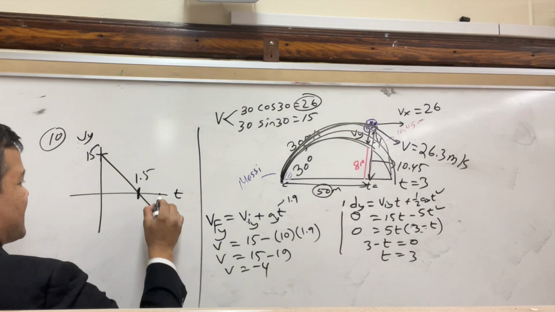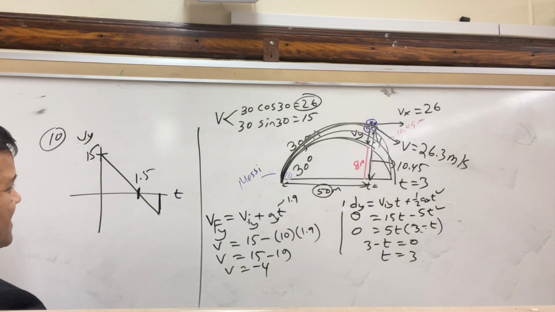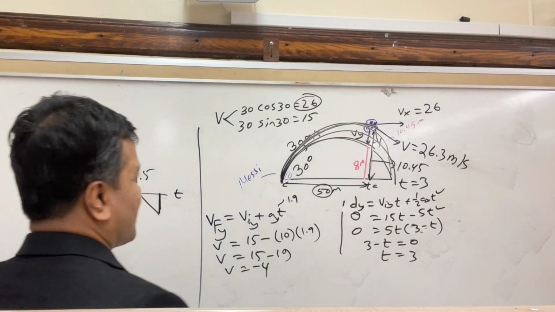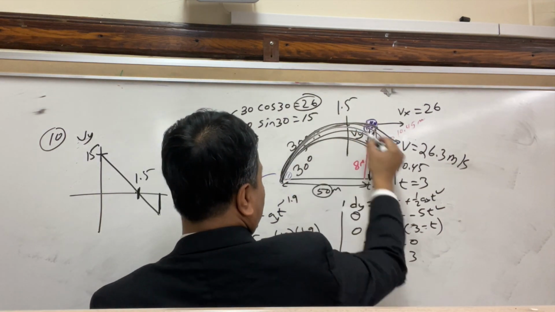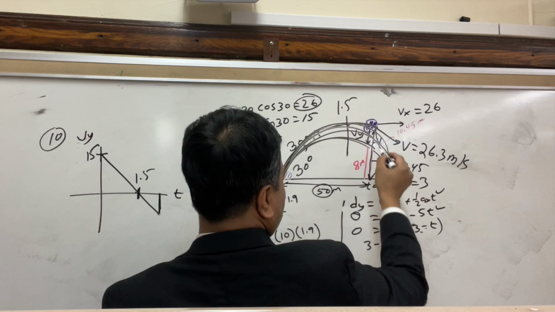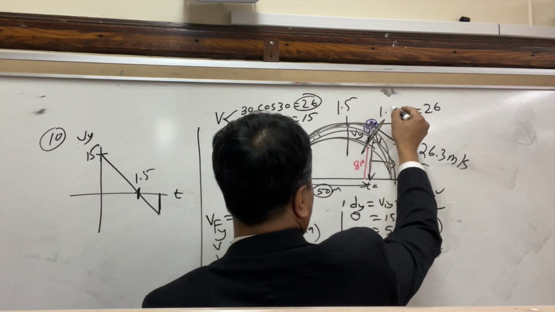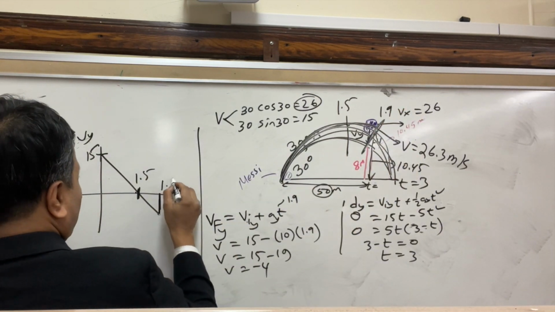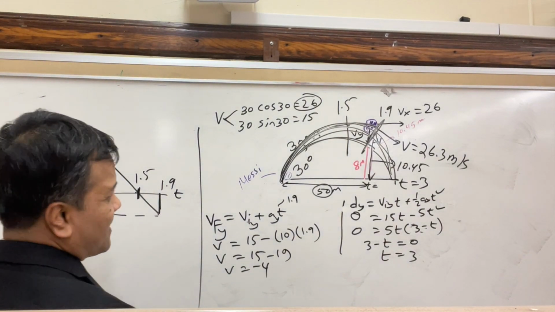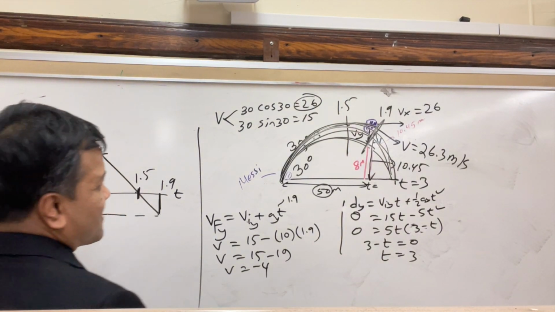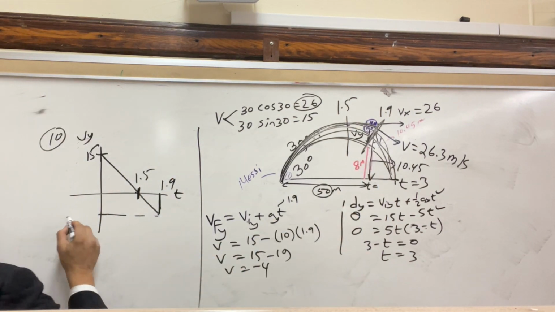And this t, right, in the half, right here, t is 1.5. Right here, t is 3. So right here, t is 1.9. When t is 1.9, we already know the velocity in the y direction is negative 4. So negative 4.